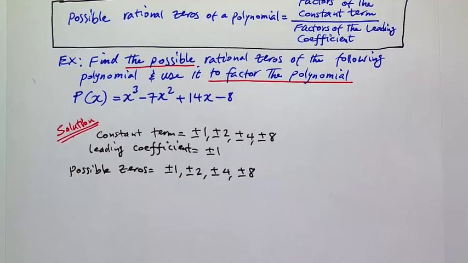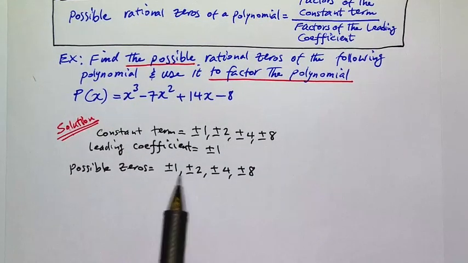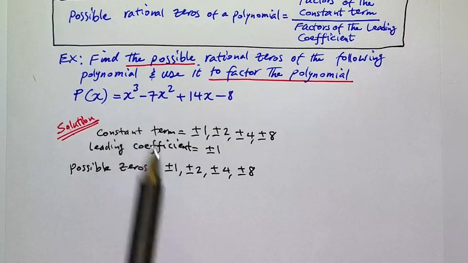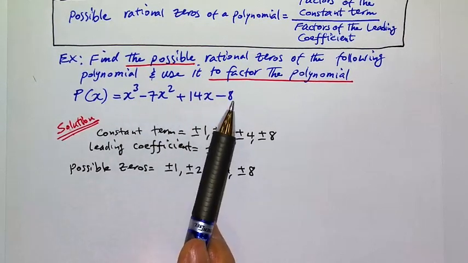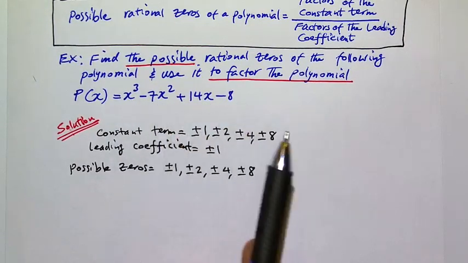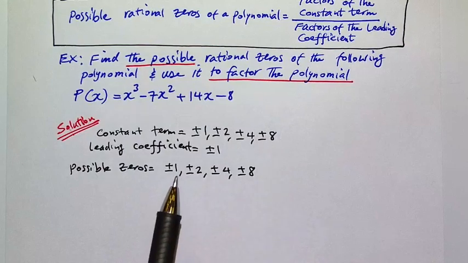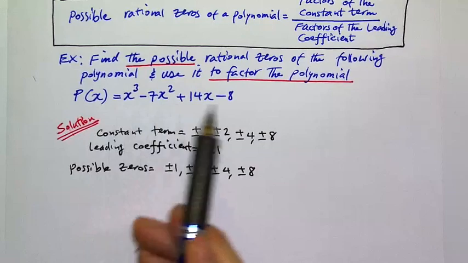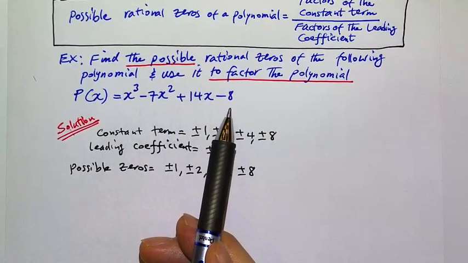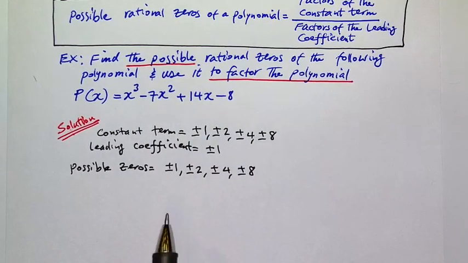So we can start by testing one of these, say the first one, the +1, right? Let's put +1. Let's test +1 in this expression and see if we get a 0. If we do, then x minus 1 is a factor of that polynomial. We already know that. And that's the format for the fact.